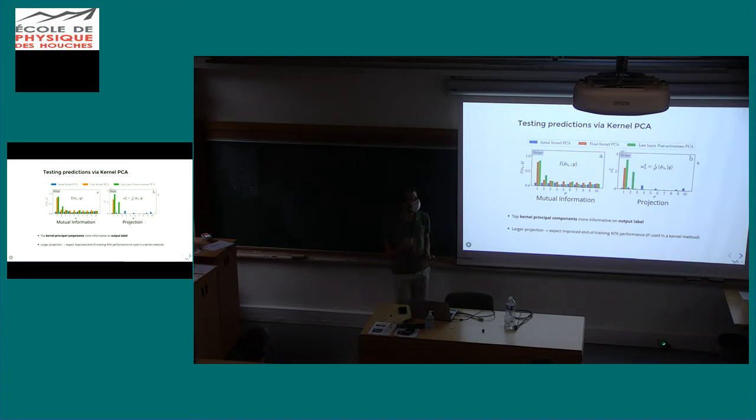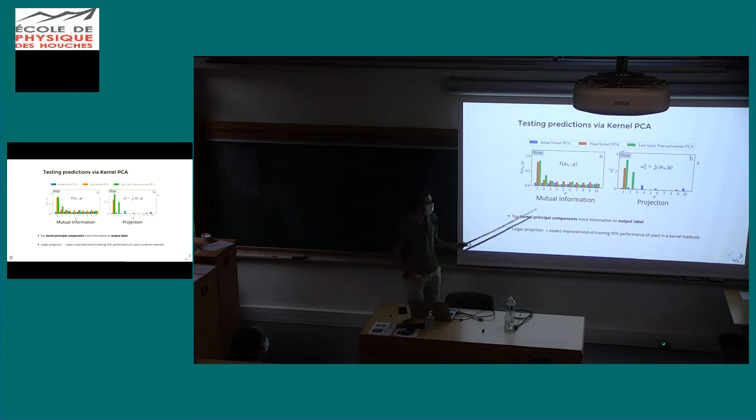What we can do is compute the Gram matrix of the neural tangent kernel, and then perform PCA on this matrix. So the principal components of this matrix will be an approximation of the eigenvectors of the NTK.